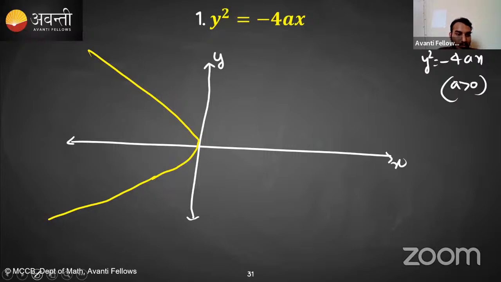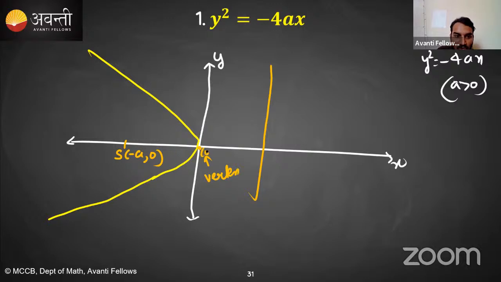So now, what will be the focus of this parabola? This is the focus, which is minus a comma 0. In this case, what will be the directrix? First of all, this is the vertex, which is 0 comma 0. This is the directrix, which is perpendicular to the axis, and this is nothing but x is equal to a.